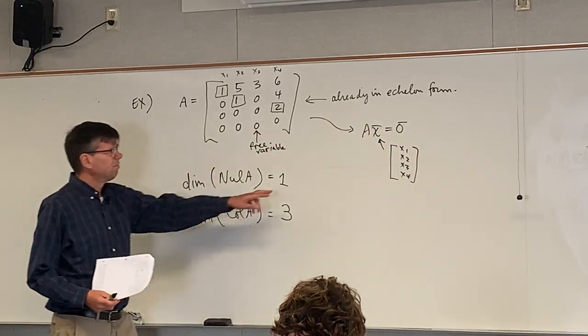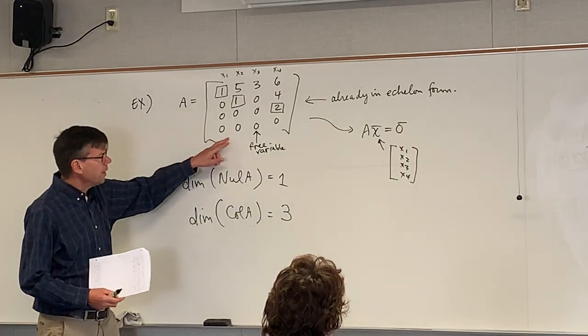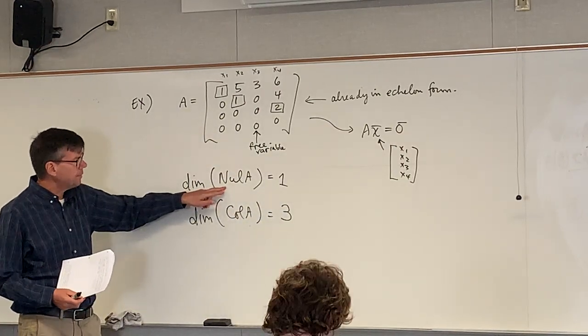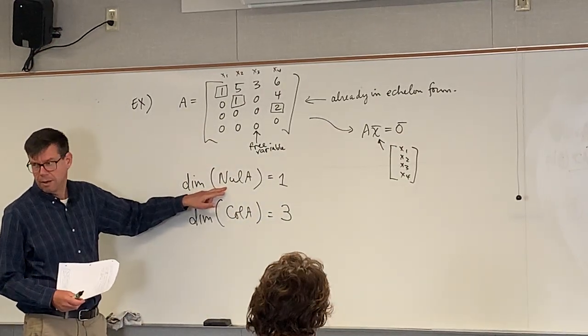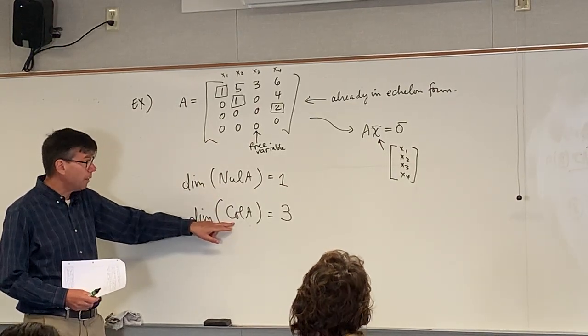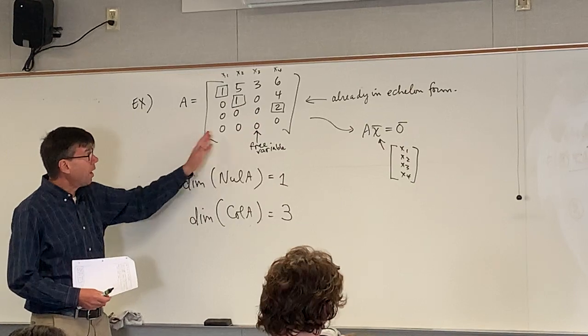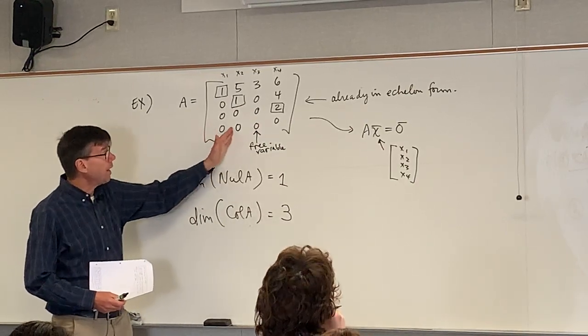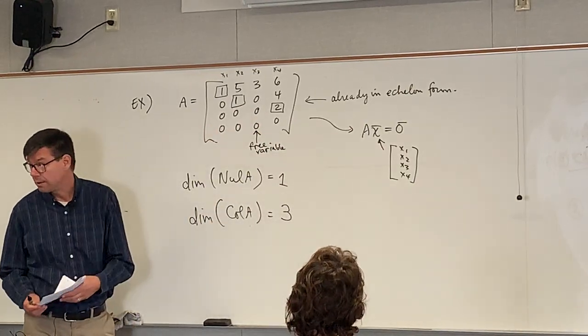So what I haven't done is I haven't given you a basis for the null space, right? Basis for the column space, we can see. We can just take the actual pivot columns, right?